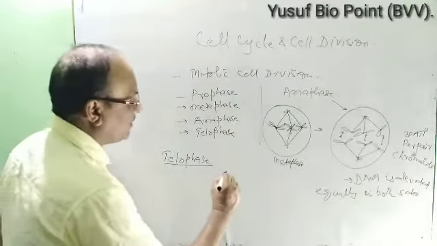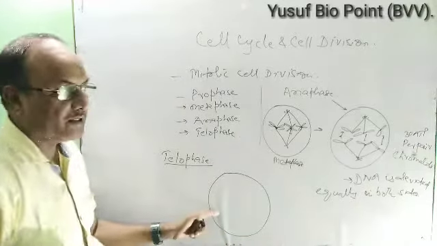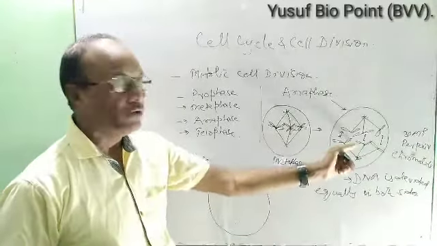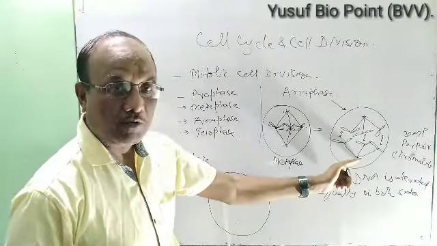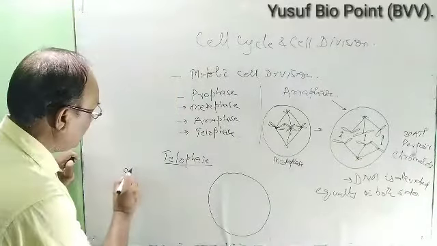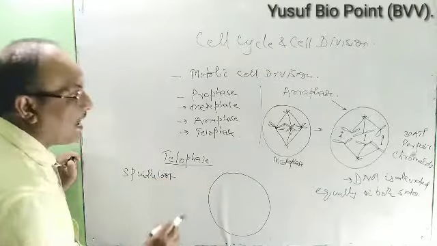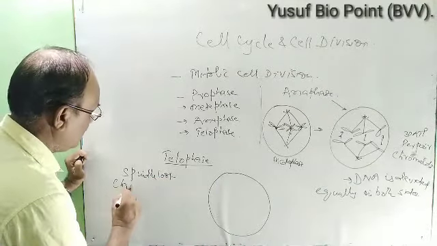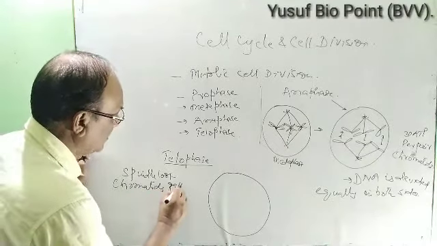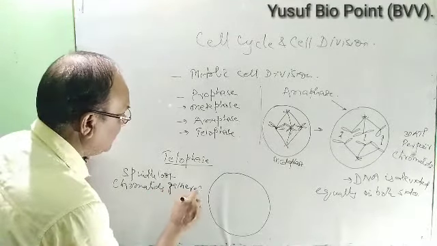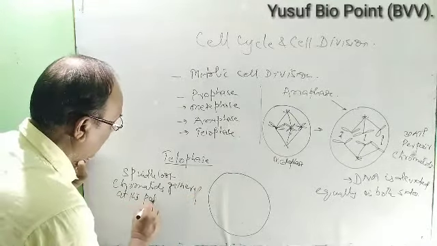In telophase, this is the cell membrane. The chromosomes go to their poles. First the spindle is lost and the chromatids gather at the pole.